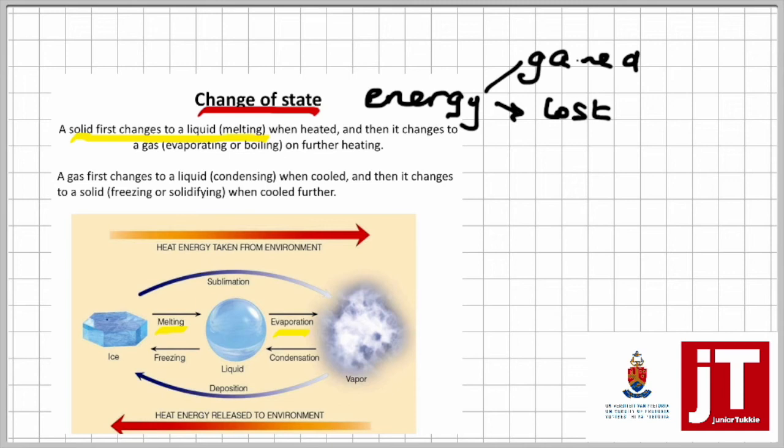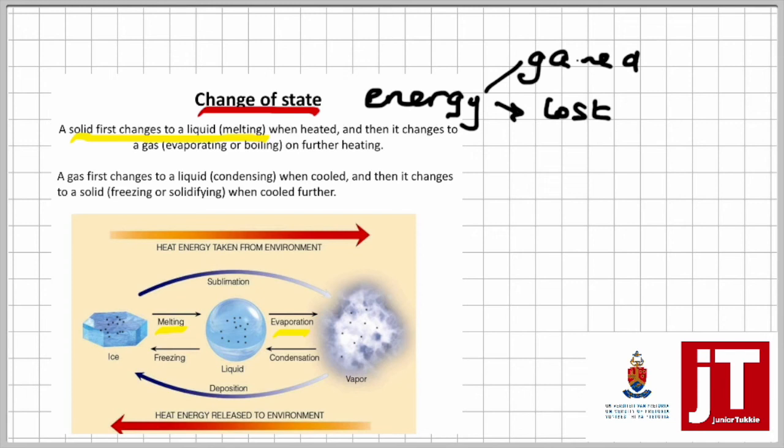So let's look at the particles, which I'm drawing in a fixed pattern here, all close together in the ice. When they gain energy, the particles are still close together, but they are free to move around one another, flow past one another, still closely packed though. And if we add more energy to the liquid, the particles now will move completely independently of one another, very far apart.